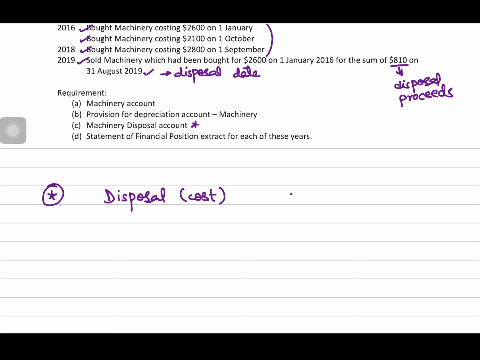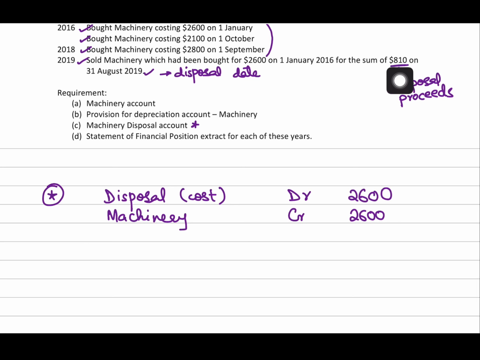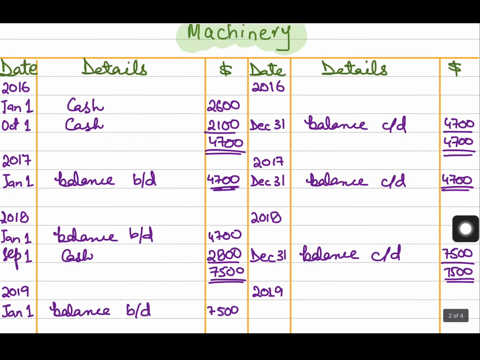Okay, and in this case this will be 2600, and then we will credit the machinery cost account with the same figure. Please don't make this mistake that you credit your non-current asset account with the disposal proceeds. No, this will be entered in the cash account or in the bank account, in whatever form you are receiving it, right? But in order to remove the cost from the non-current asset account, we credit the non-current asset account with the cost of the machinery that is now being disposed of.